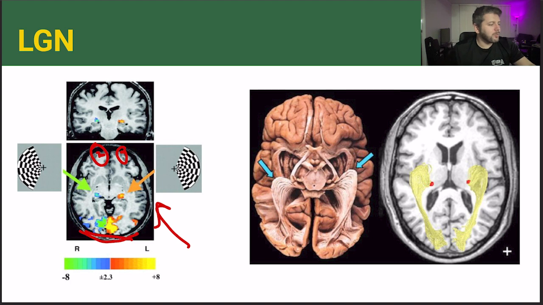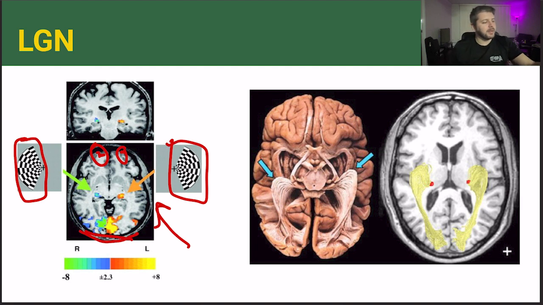What happens here is we present a checkerboard to either the left hemifield or the right hemifield, and at the bottom here we have right and left, and these associated colours show exactly the angle away from the fovea that is present in the checkerboard stimuli.